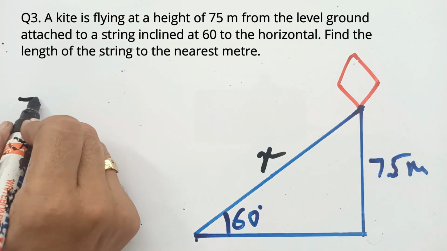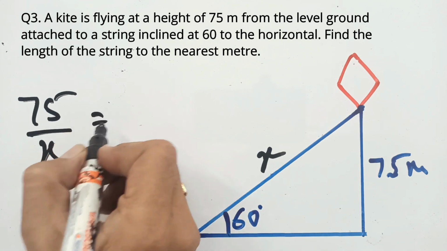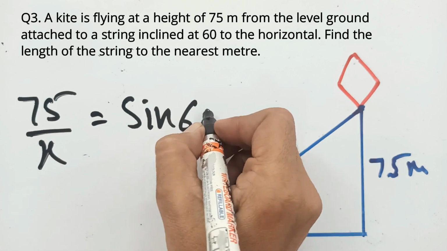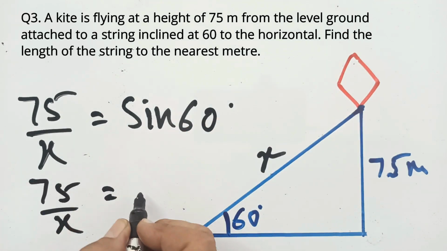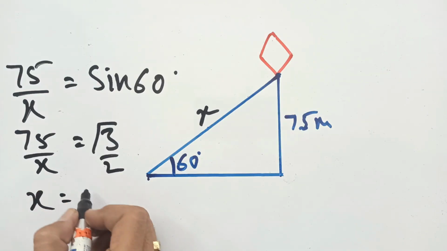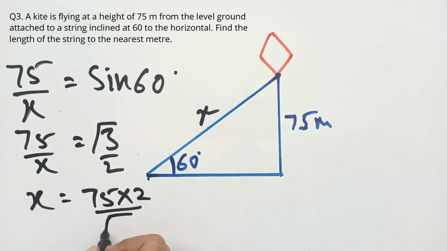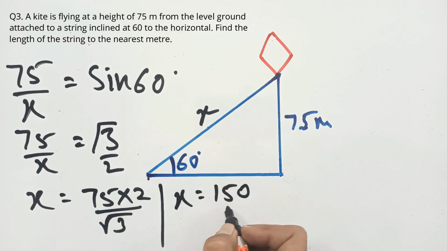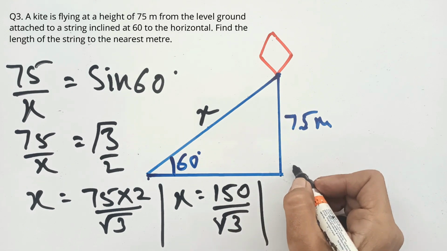So directly I am writing in this triangle, 75 upon x, perpendicular upon hypotenuse, is sine 60. Sine 60 is root 3 by 2. And the denominator is irrational, so we will rationalize it.